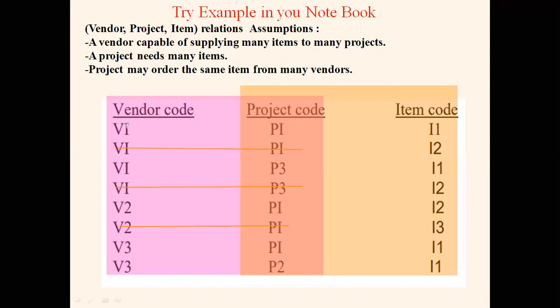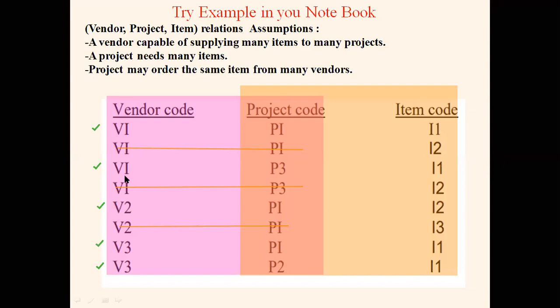First, second, third, fourth, and fifth. So amongst 8 tuples, we have removed the multi-valued dependency and reduced 3 tuples, and now our table is of only 5 tuples.